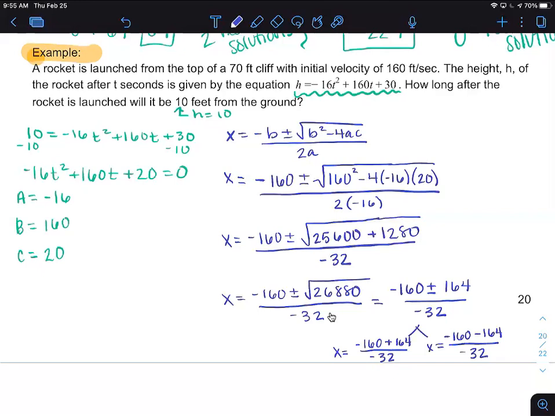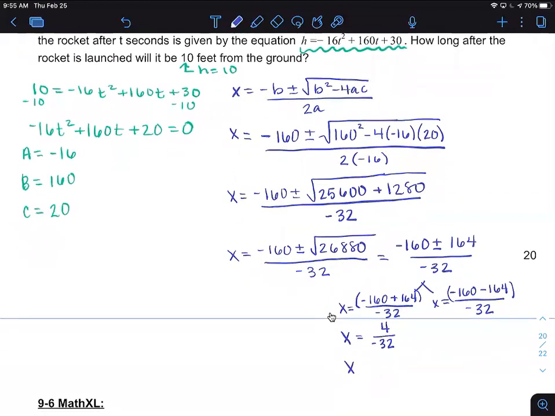Here's the thing, you can't plug this all in your calculator at once. If you do, it's going to do the division first, which will mess you up. So be careful about that. If you want to plug it in all at once, you need to make sure you put parentheses around your numerator. But we could do this math. Negative 160 plus 164 gives us 4 over negative 32. If we wanted to leave that as a fraction, we could: x equals negative 1/8.